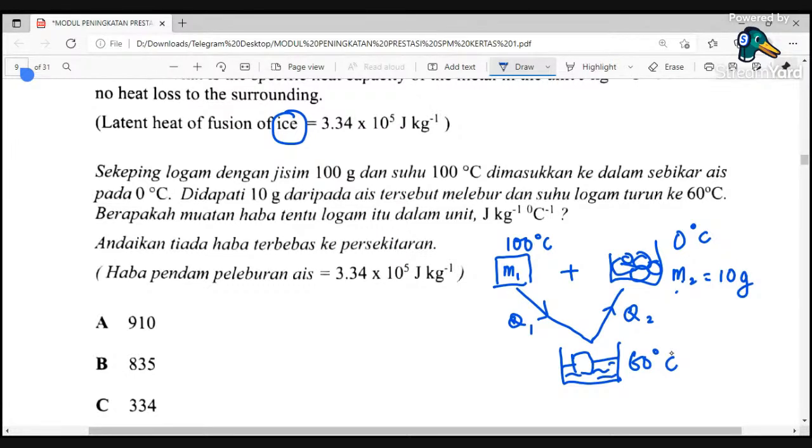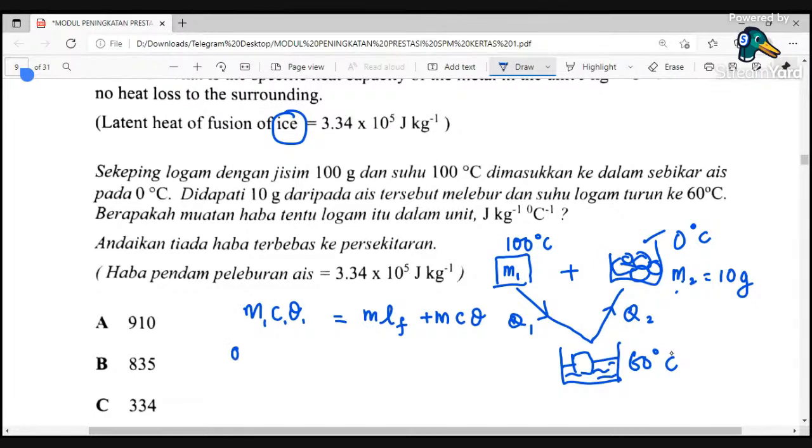So heat released by the metal is mc theta. So we have m1 c1 theta 1 equals to m2 Lf plus m2 c theta. So we just discussed about the one that melted. You don't discuss about the balance which is not yet melted because no mention about mass of the ice. Okay, tak ada kan? Okay, yeah.